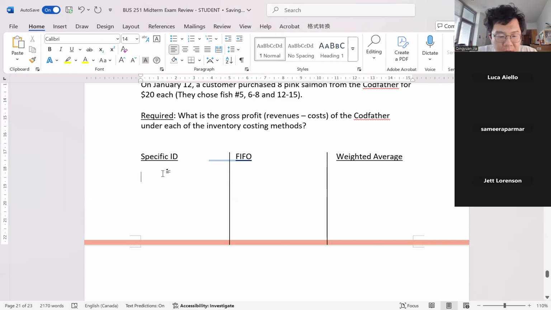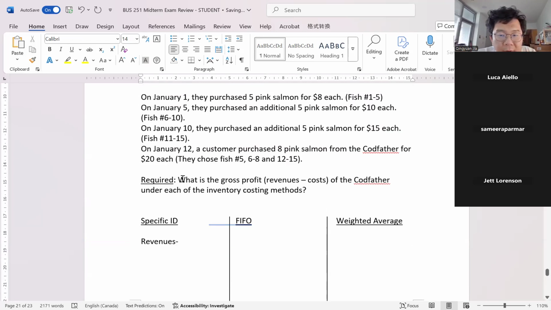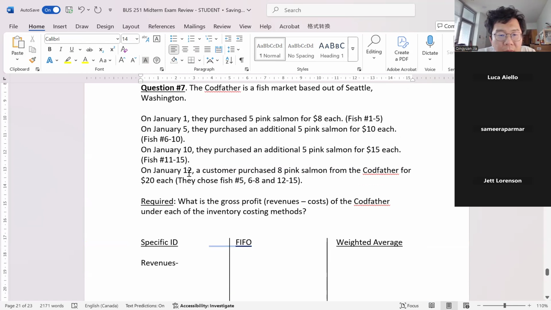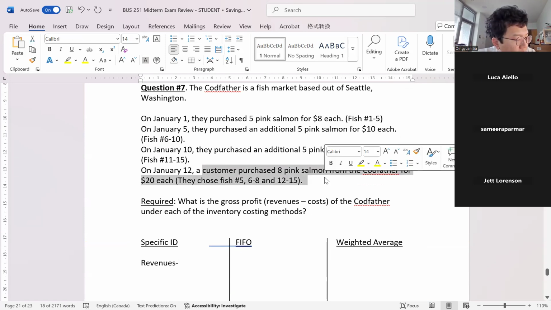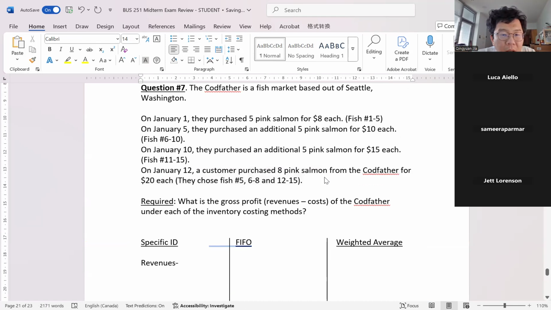Revenues. First of all, let's have a look at the revenues. For specific ID, a customer purchased eight pinks from the Codfather for $20 each.